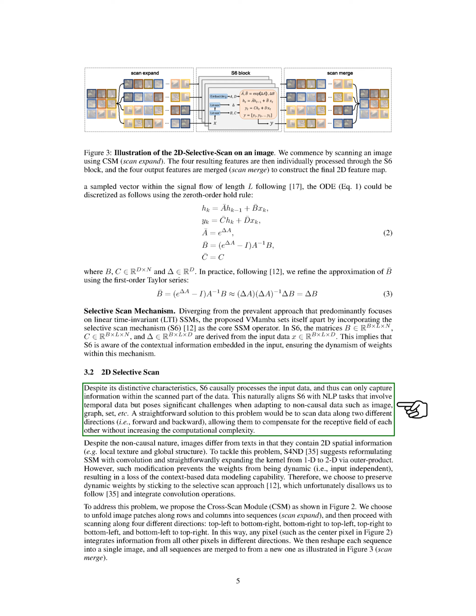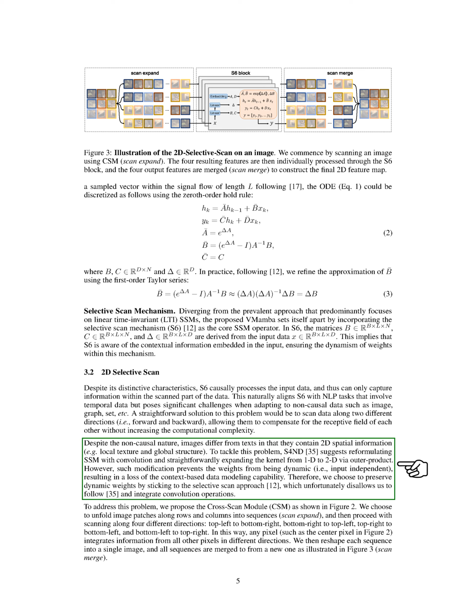However, S6 processes the input data in a causal manner, meaning it can only capture information within the scanned part of the data. This works well for tasks involving temporal data, but it can be challenging when dealing with non-causal data like images or graphs. To solve this, we propose scanning data in two different directions, forward and backward, without increasing computational complexity.